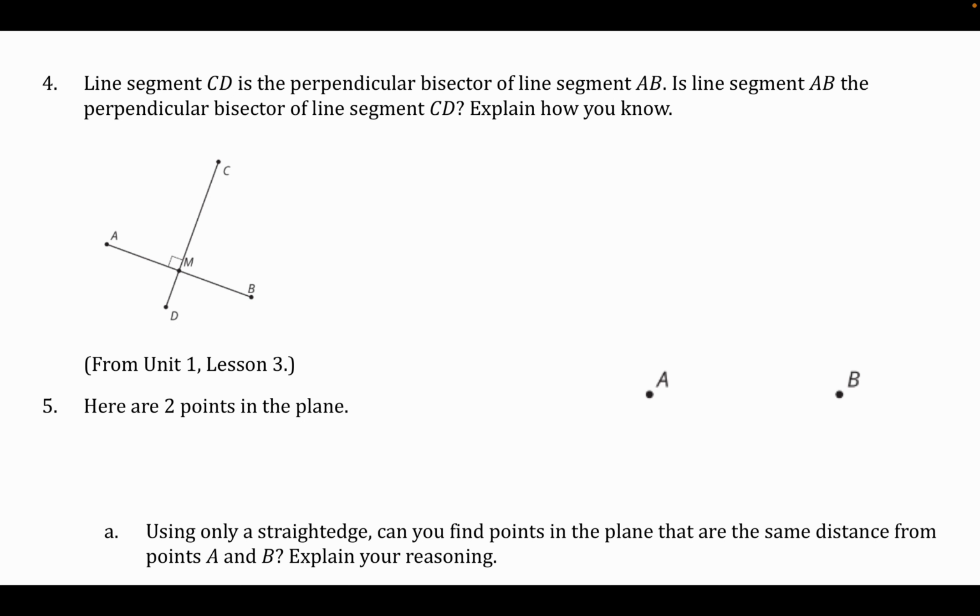So they're giving us that this is the perpendicular bisector. Perpendicular means it makes a 90-degree angle, and bisector means it cuts that other line segment into equal pieces. So the question they're asking is: is line segment AB the perpendicular bisector of line segment CD?